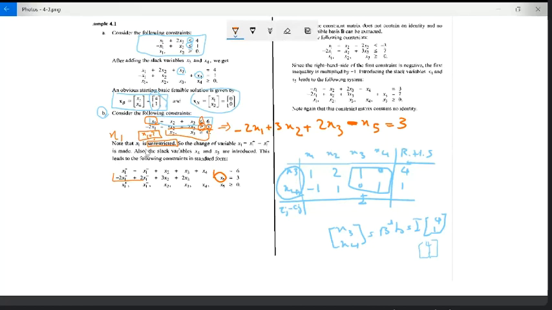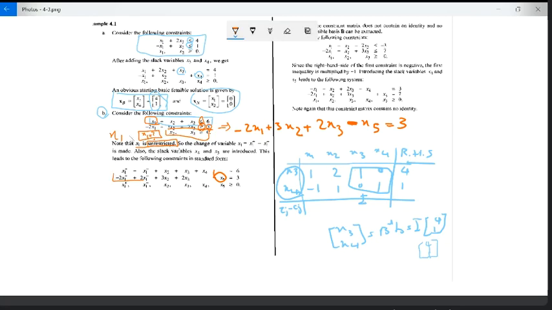What does this mean? x1 can be negative or positive, but x2 and x3 must be positive or 0. But x1 can be positive or negative or 0. This is an unrestricted variable.